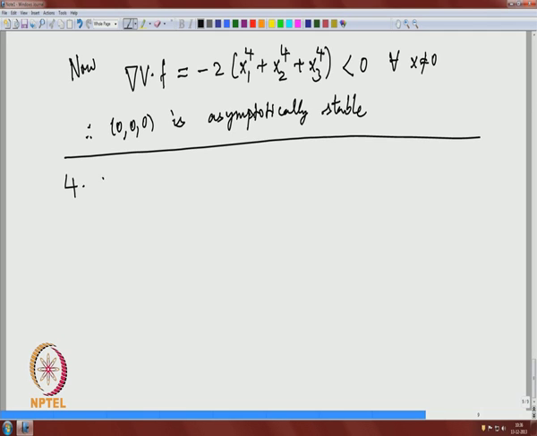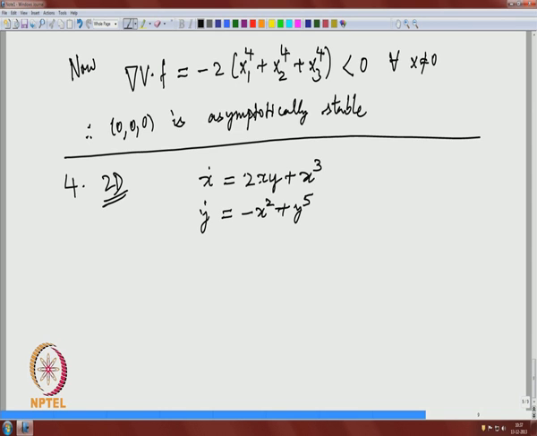Okay. So, let me go to the next example now. So, this is a 2D example. So, instead of x 1 x 2, let me write x dot, y dot. So, this is 2 x y plus x cube, y dot equal to minus x square plus y pi. Okay. So, I will not discuss the linearized system.